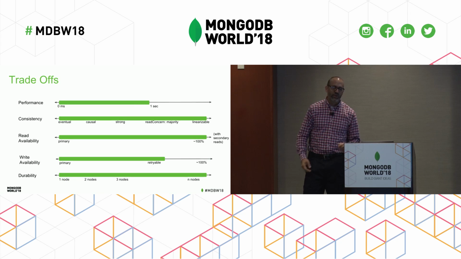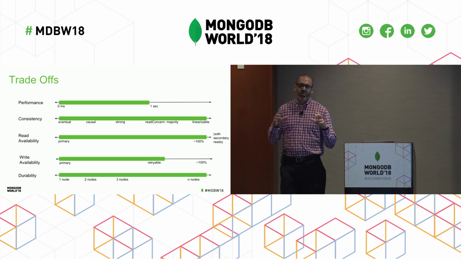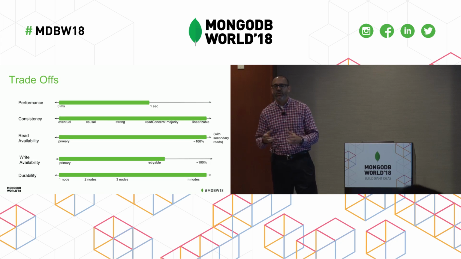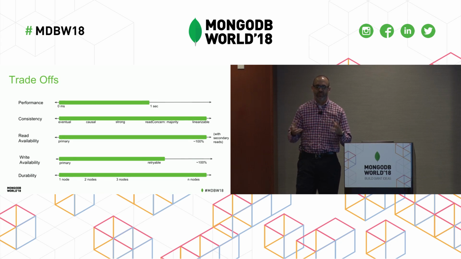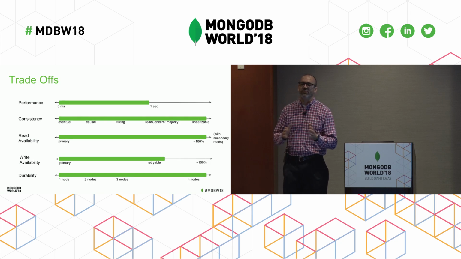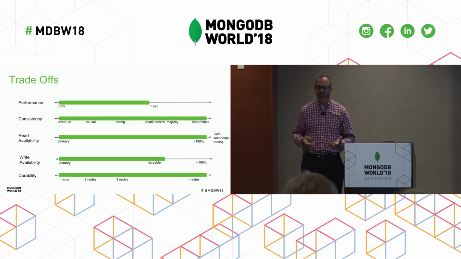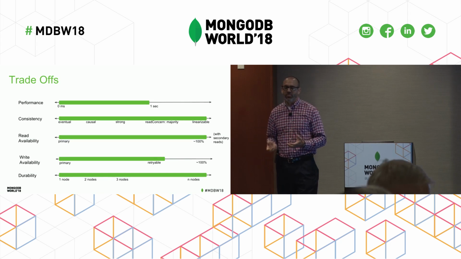The real powerful thing about MongoDB, which I'm going to talk about next, is that based upon configuration options that architects and developers can use, you can configure MongoDB across a wide spectrum of consistency, availability, durability, and performance.